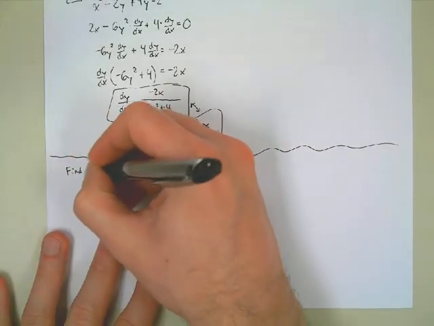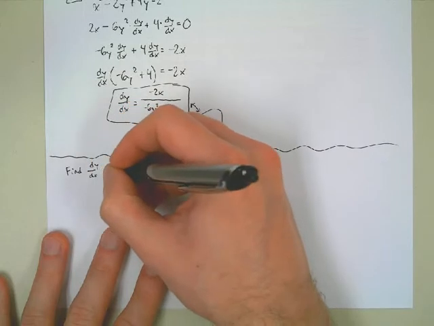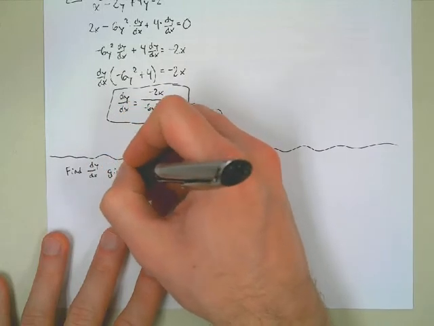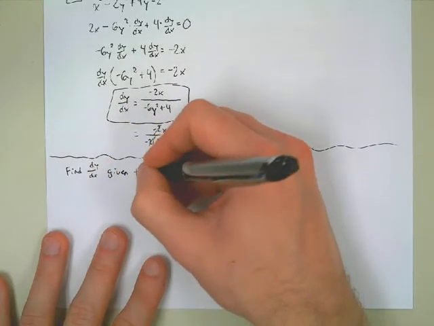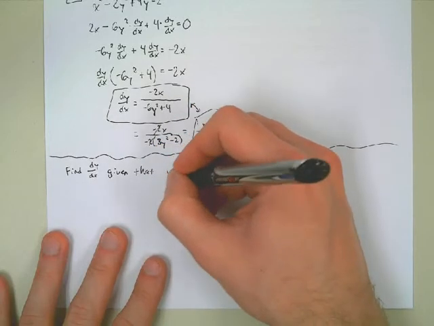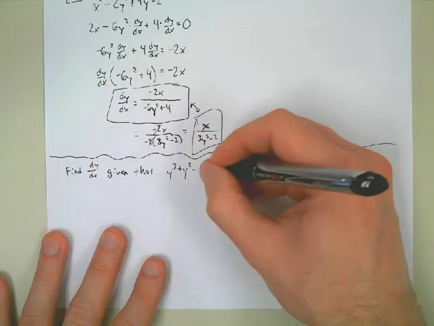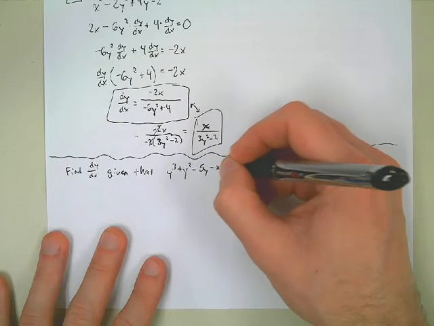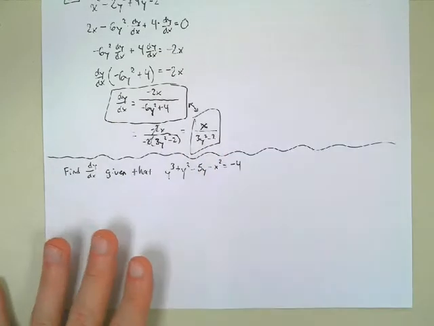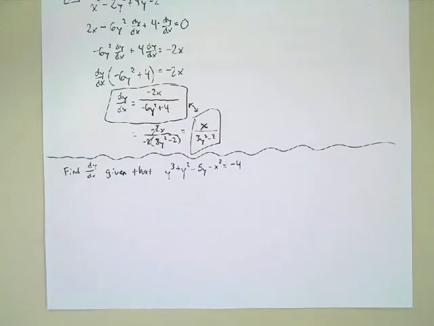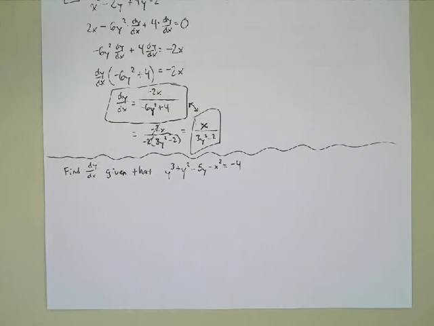Okay, we're going to find dy dx, given that y cubed plus y squared minus 5y minus x squared equals negative 4. So there's our equation.